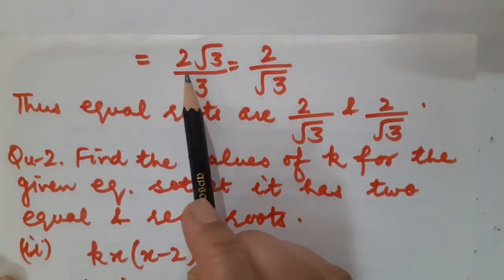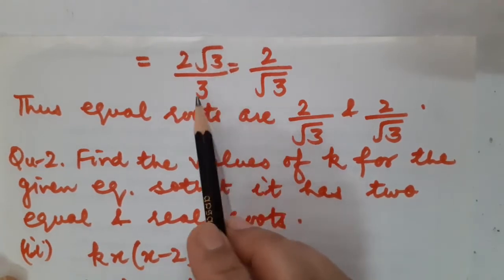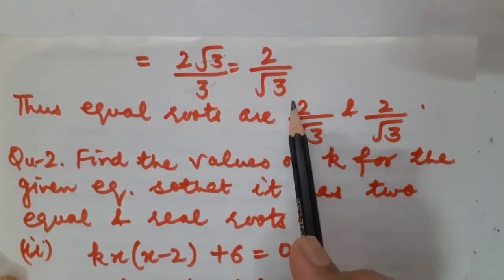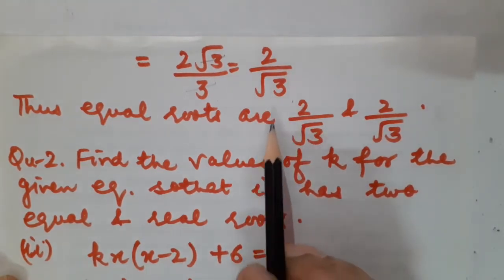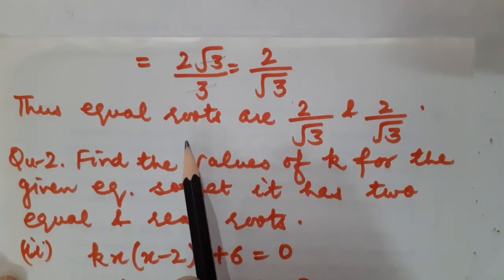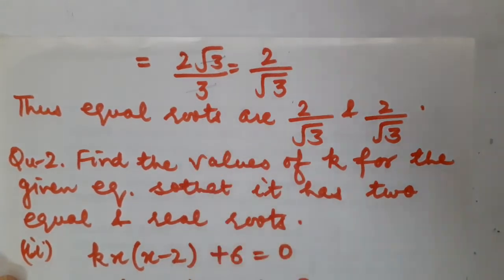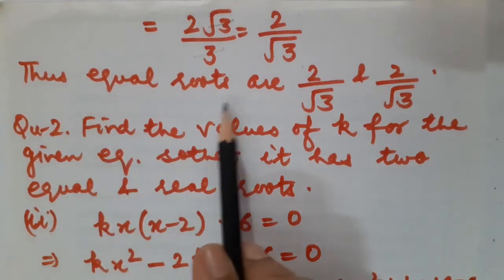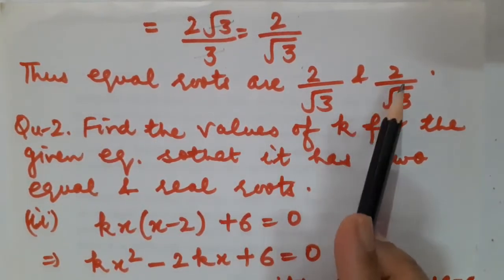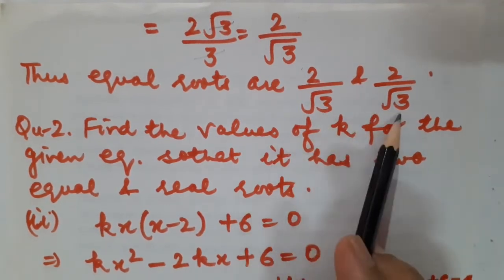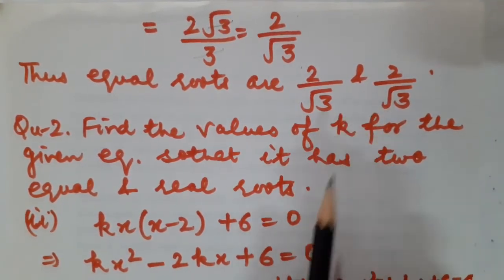So see children, what I have got? 2 root 3 upon 3. Again they both are going to be cancelled. So I have got 2 upon root 3. Now you may be thinking that x is equal to 2 upon root 3. But as it is a quadratic equation, definitely 2 roots are possible. So the equal roots are 2 upon root 3 and 2 upon root 3. Correct? Because d is equal to 0, definitely the roots will be equal.